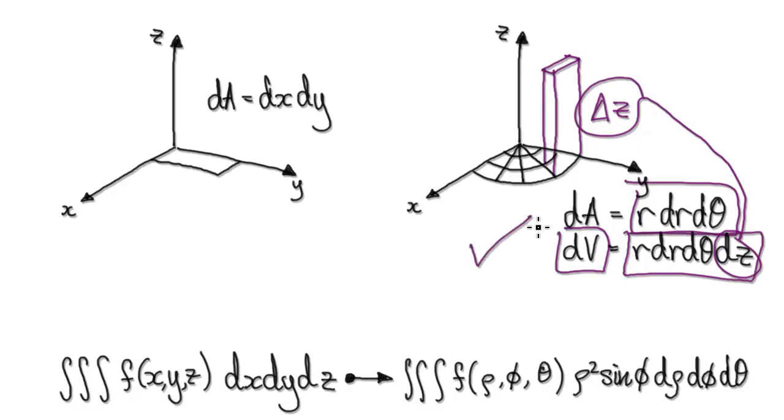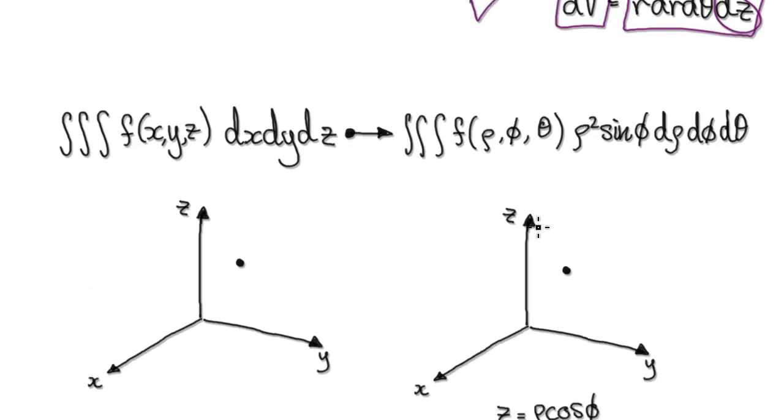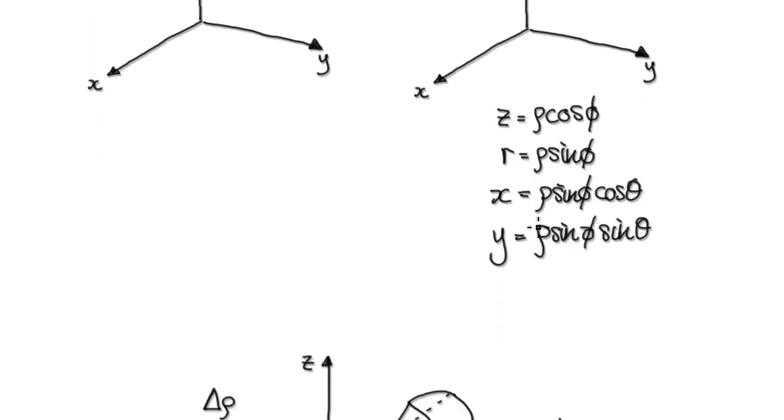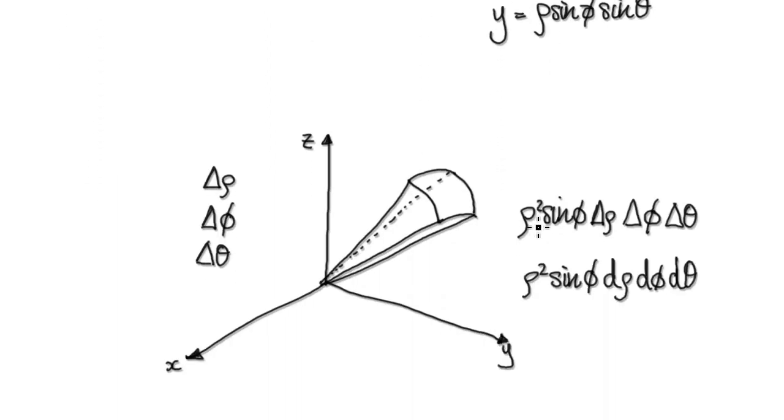When it comes to spherical coordinates, it becomes a lot more difficult. Let's say you've got a change in the radius, which is the rho here, and then you'll remember this phi here is the angle which it makes with the z-axis.